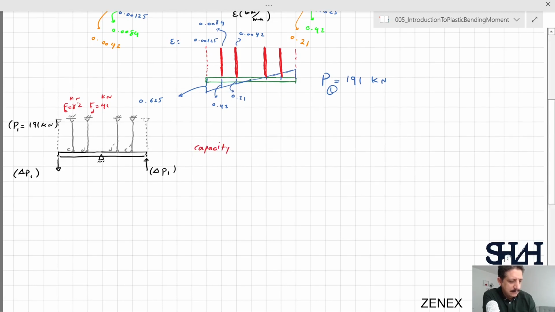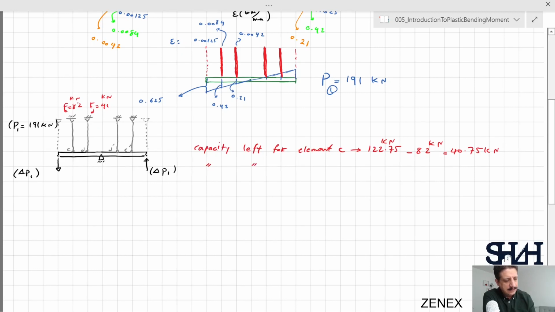Capacity left for element C. So it can take up to 122.75 kilonewton, and it is already loaded with 82 kilonewton. So we have 40.75 kilonewton capacity left for element C.